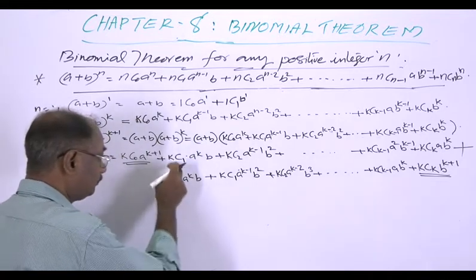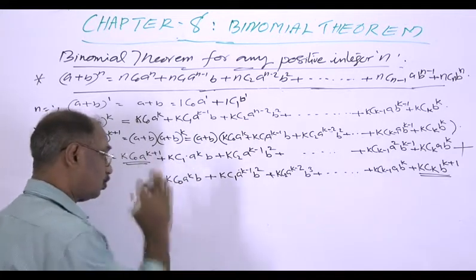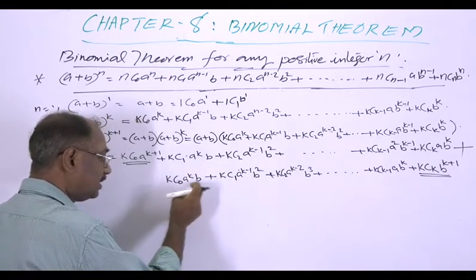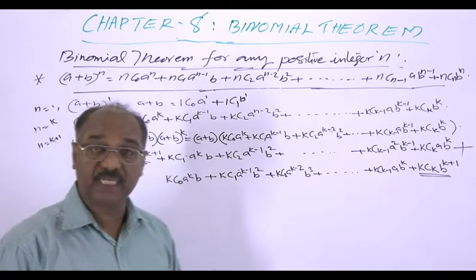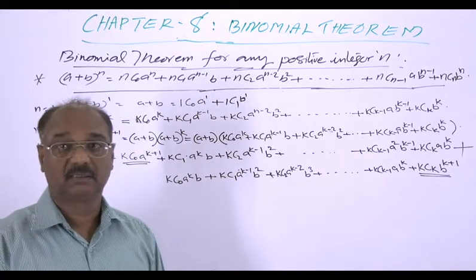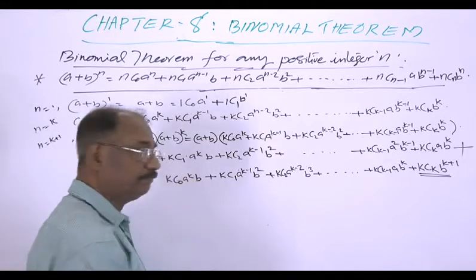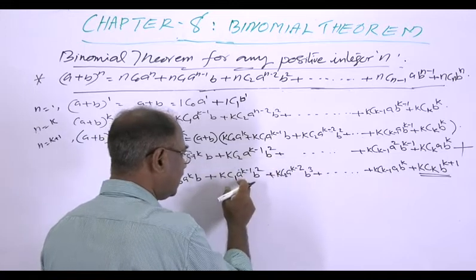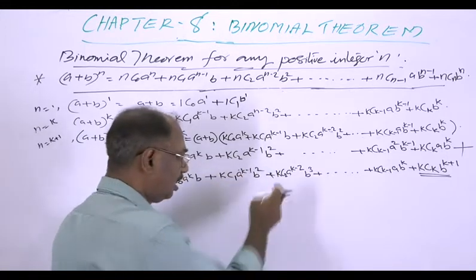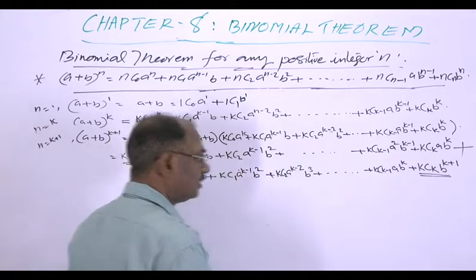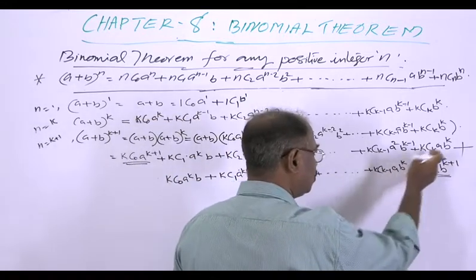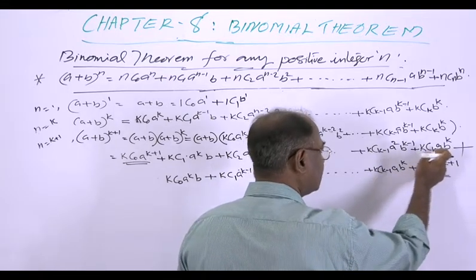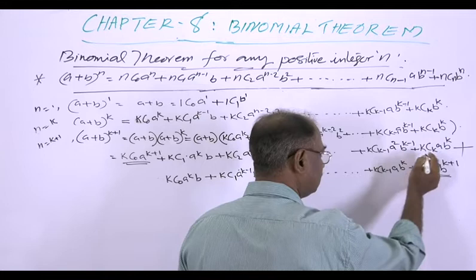Consider these two, kC1 and kC0: a^k b and a^k b. The power of a and b is the same, so these two are like terms. Then kC2 a^(k-1) b^2 and kC1 a^(k-1) b^2 will be the same. And kC(k-1) a b^k and kCk a b^k are the same.